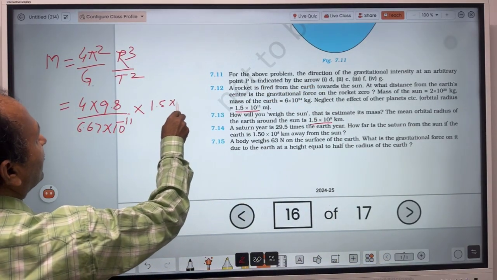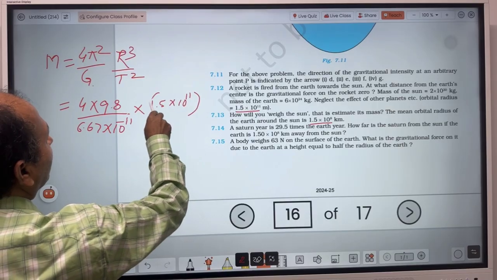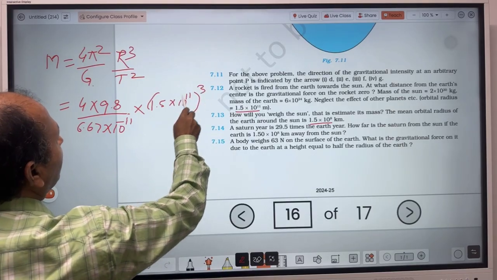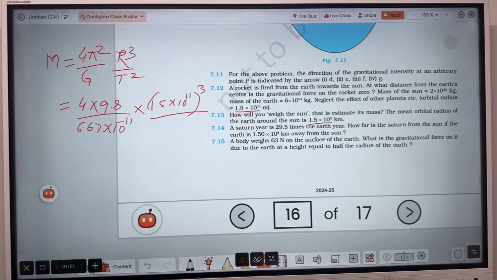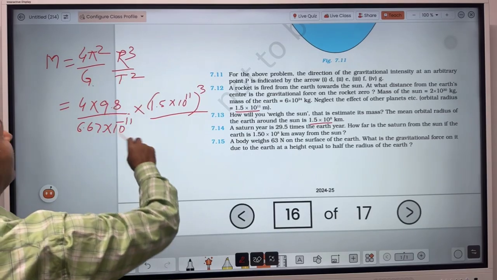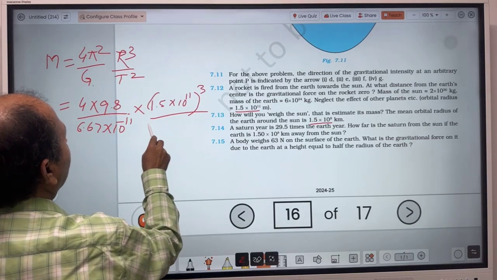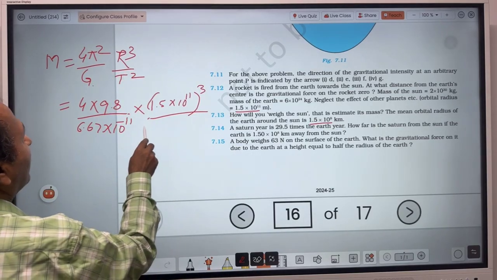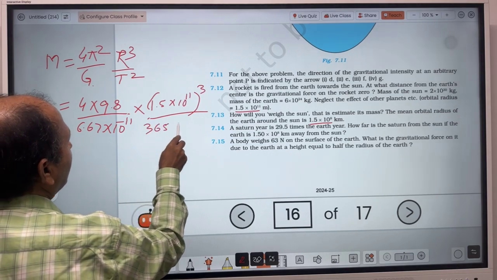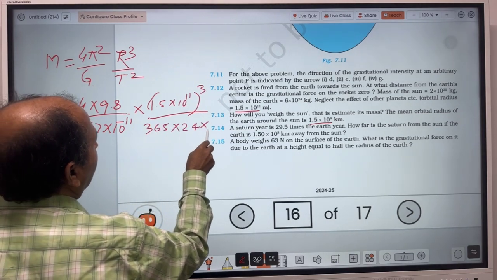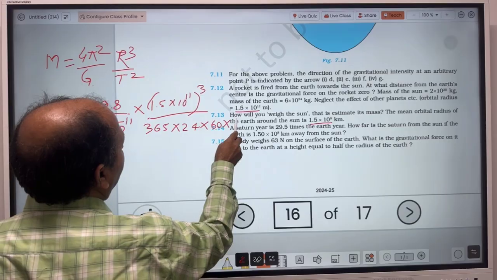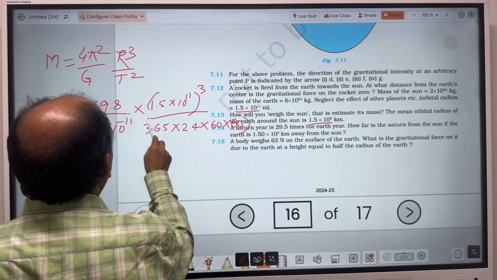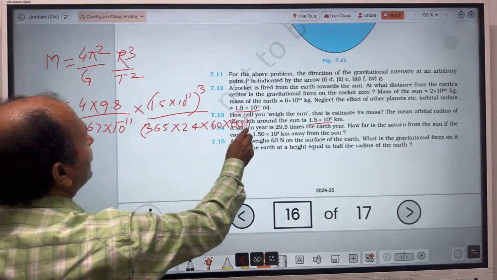So 1.5 into 10 to the power 11, it is in meter, then whole cube divided by time period. So time period will be 365 days. So 365, 24 hours into 60 into 60, whole square.